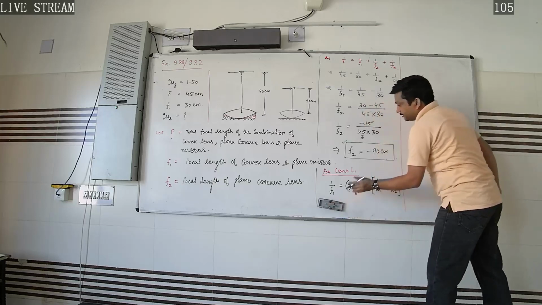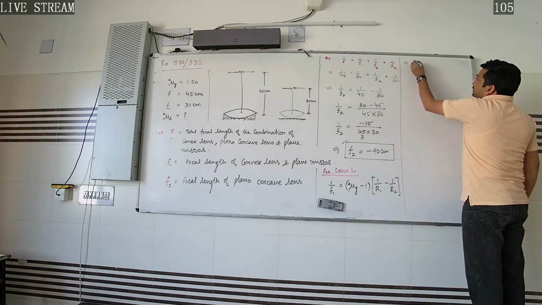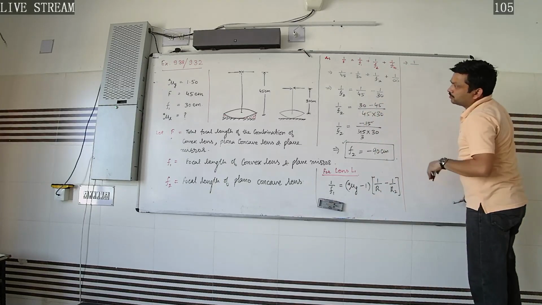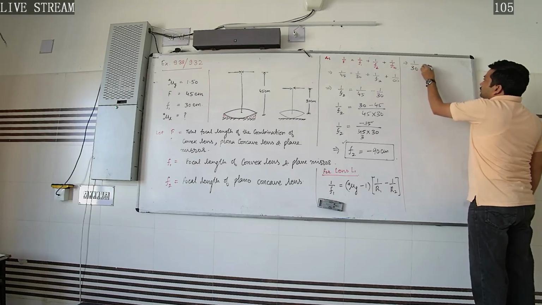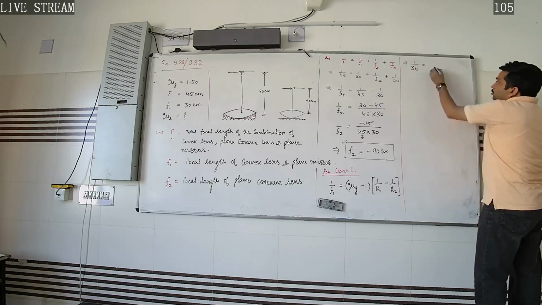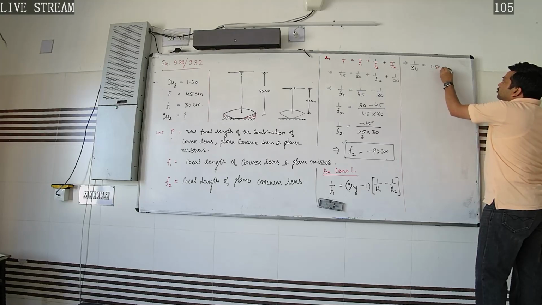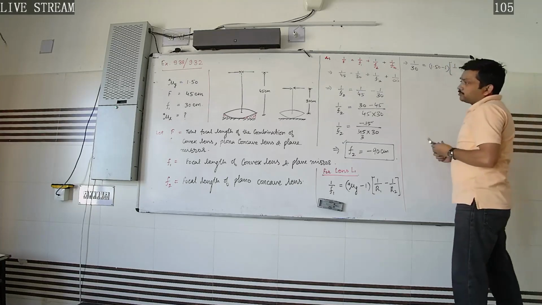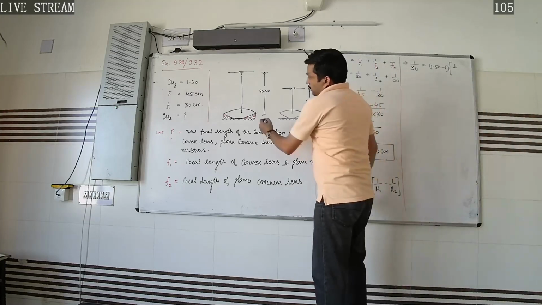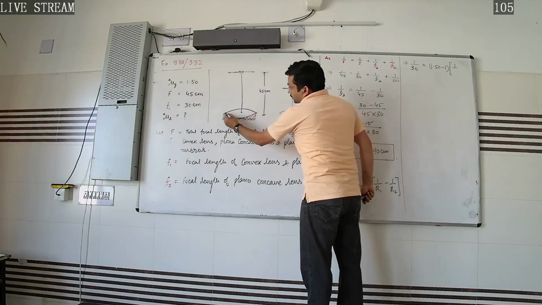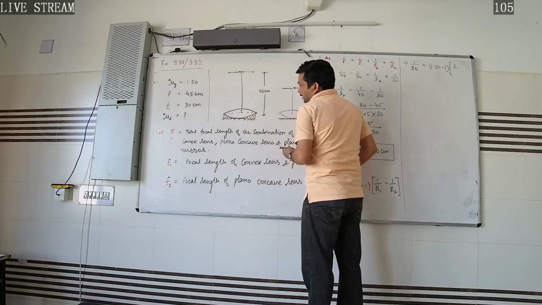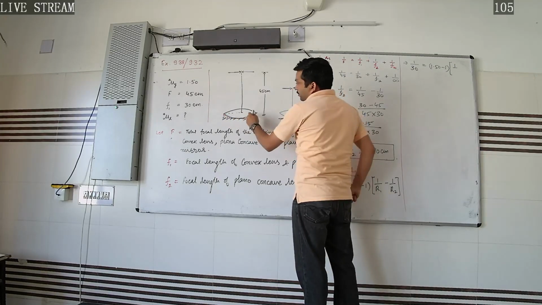Which implies 1 over F1, that is 1 by 30, equals aμg, that is 1.50, minus 1 into 1 over R1. Now what about R1 and what about R2? We have already considered this while deriving the lens equation, that is the lens maker formula.